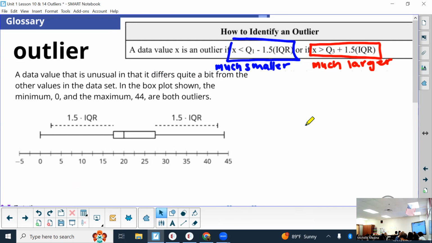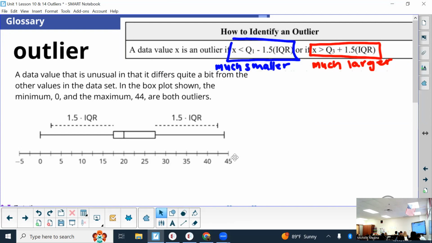So a data value X is an outlier if X is less than Q1 minus 1.5 times the IQR, or if X is greater than Q3 plus 1.5 times the IQR. So if it's close, like on this box plot, if it's close to, I don't know, 42.5, that little tick mark, I might need to actually test it to see if it's an outlier.